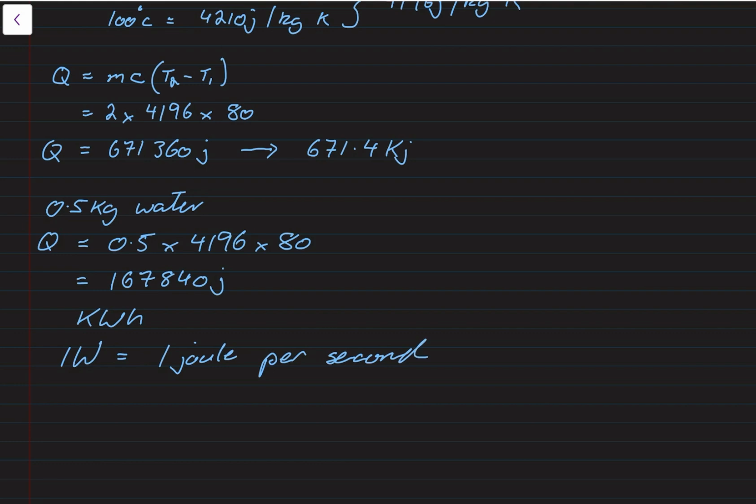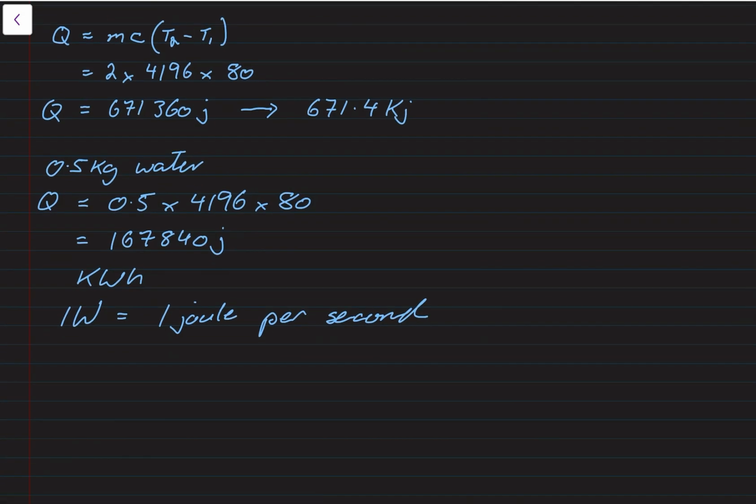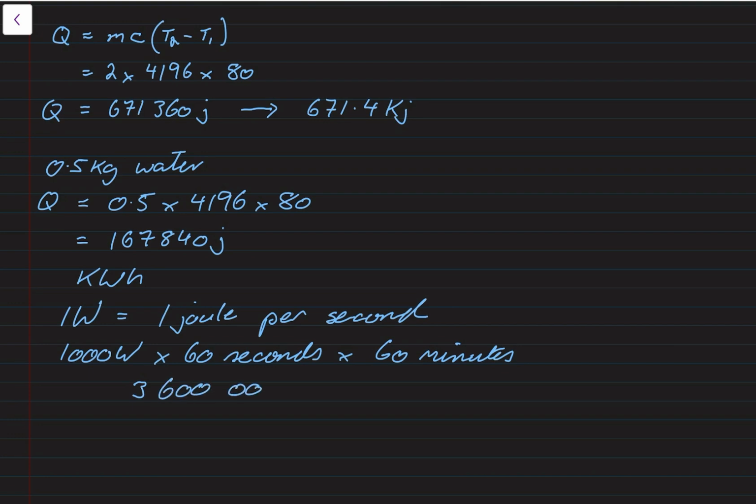Because it's in kilowatts, let's say we have 1000 watts times 60 seconds times 60 minutes. That's because it's in hours. Now, that leaves us with 3,600,000 joules in 1 kilowatt hour.